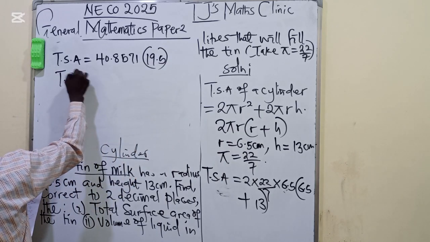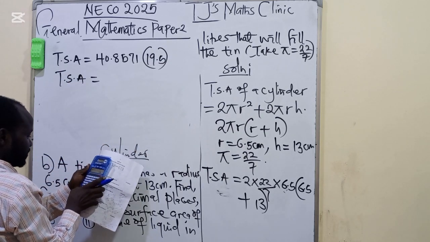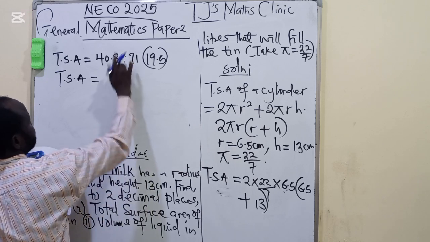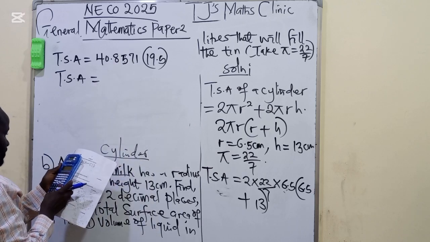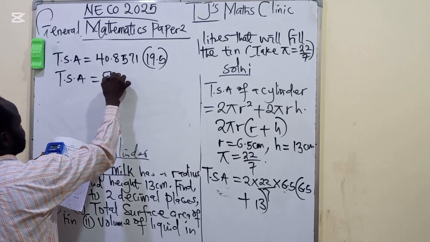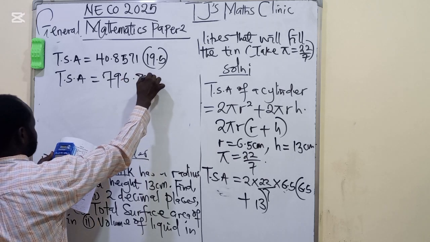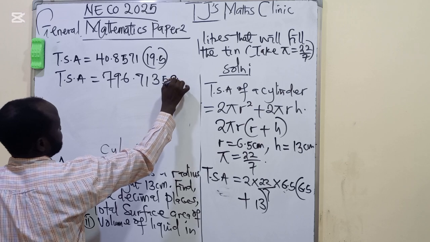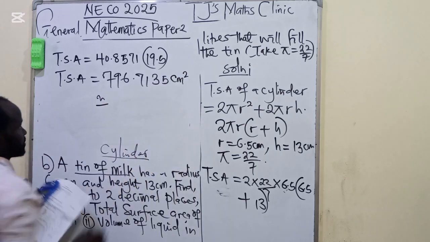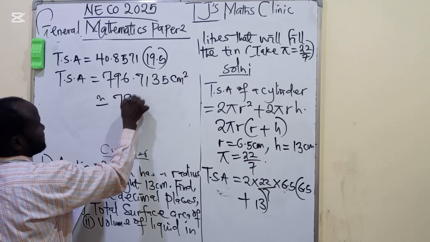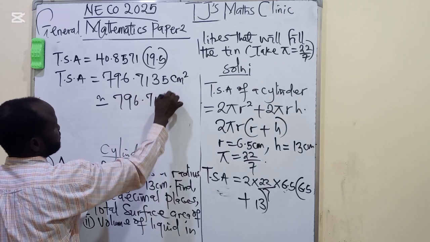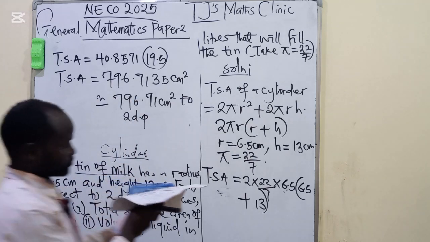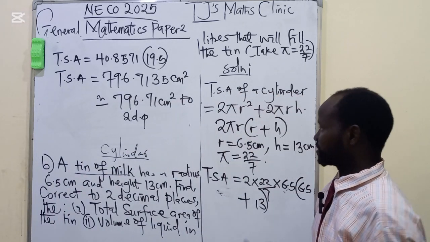So the total surface area will be 19.5 times 40.8571, which gives 796.7135 centimeter squared. To two decimal places, it will be 796.71 centimeter squared to 2 dp. So this is the total surface area of the cylinder, or the tin.